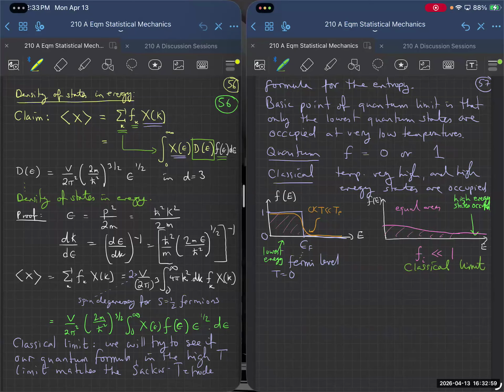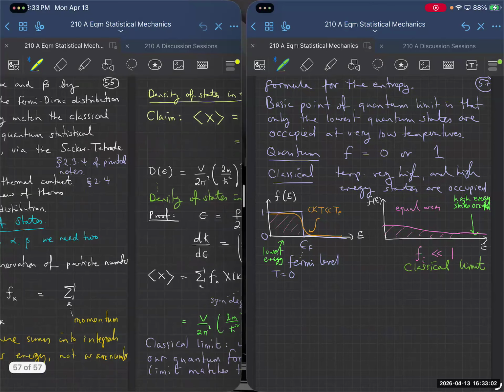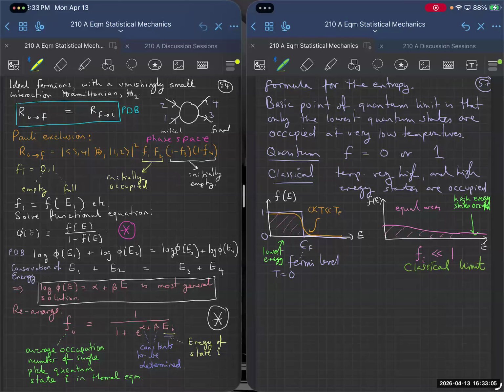All right, so if f is much less than 1, let's go back to our formula for the distribution function. It is the one that is starred at the bottom of the left-hand panel: 1 over 1 plus e to the alpha plus beta epsilon. So when f is much less than 1, our Fermi-Dirac distribution becomes f of state k goes as e to the minus alpha minus beta epsilon of k.